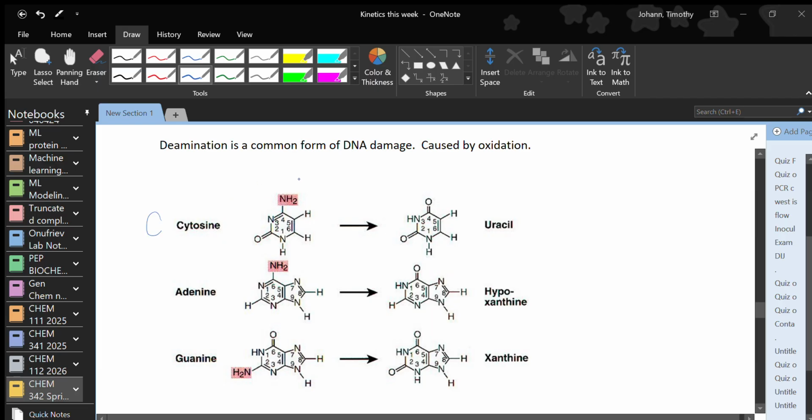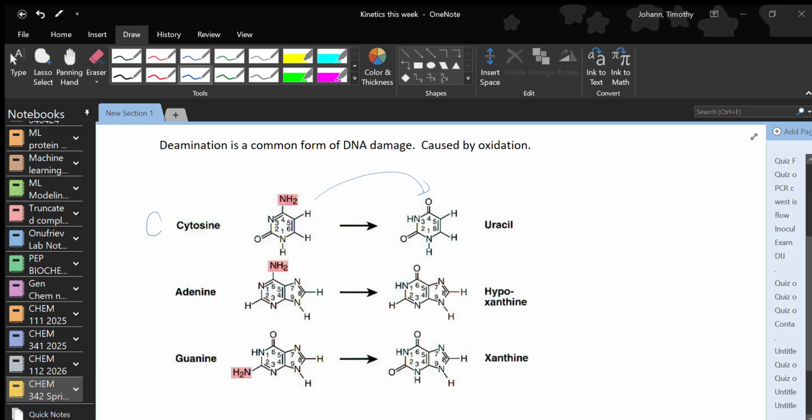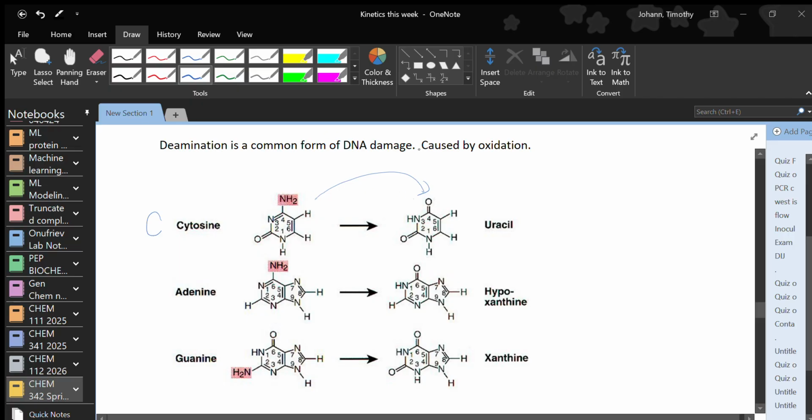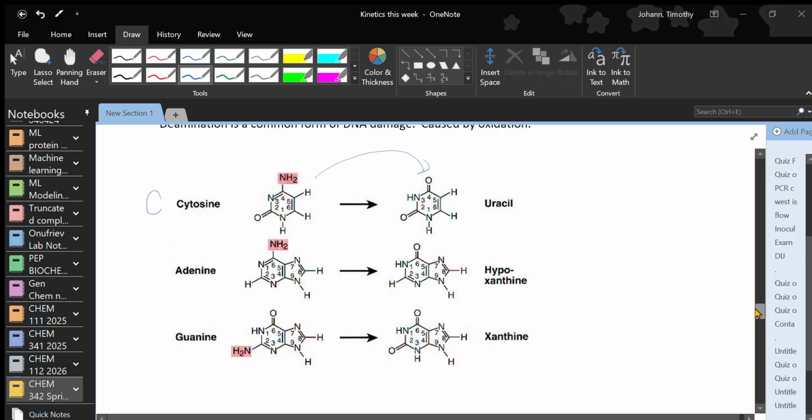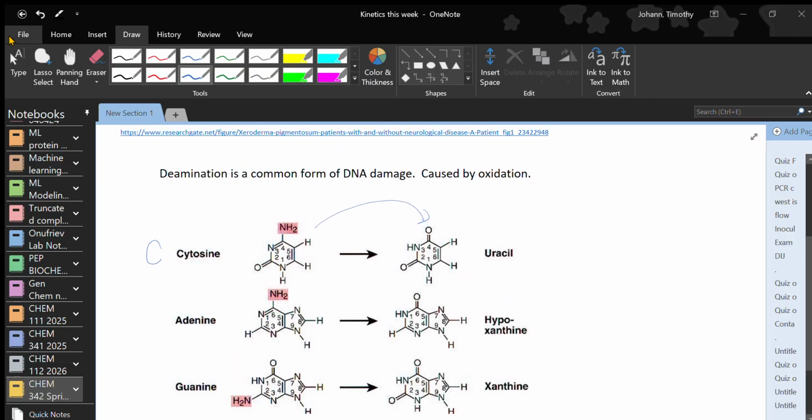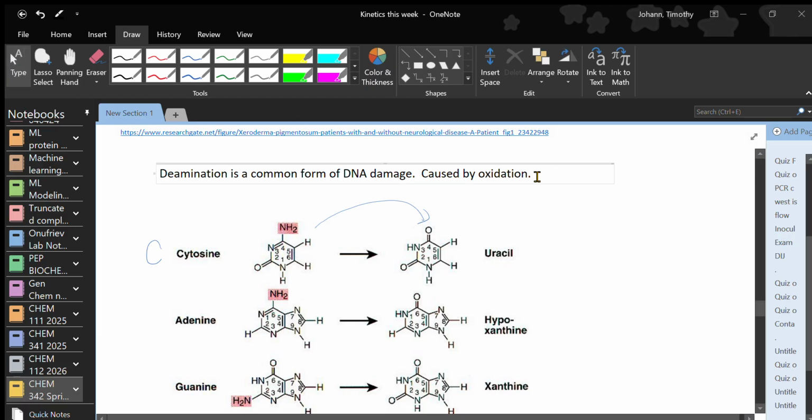If we took a C and we damaged it and turned it into a U, if U was used in DNA, how would you know whether you were looking at a natural U versus a damaged C? Okay. Let me put a little more context on this up here. Caused by oxidation, and this occurs 10,000 times a day per cell.